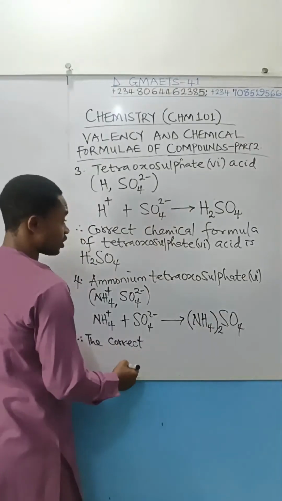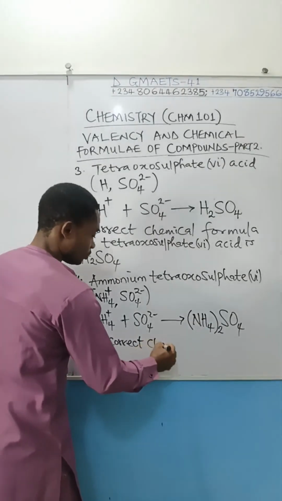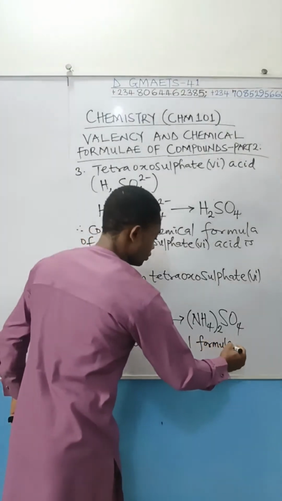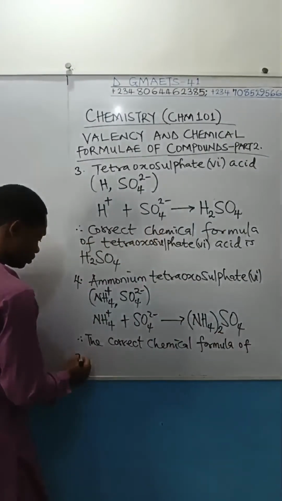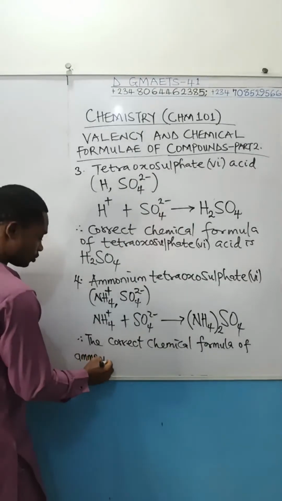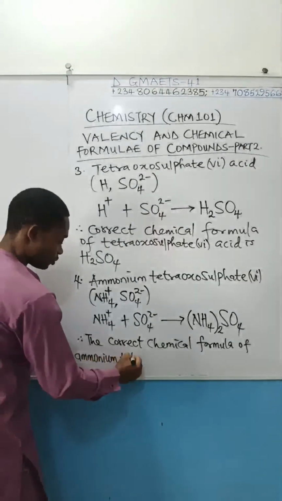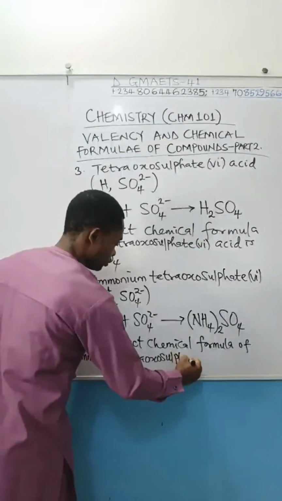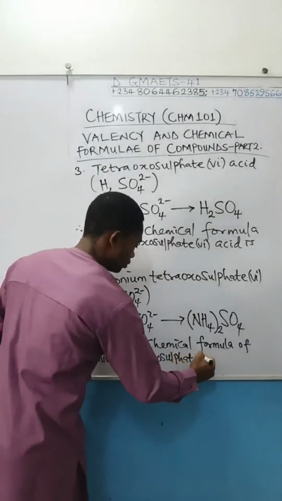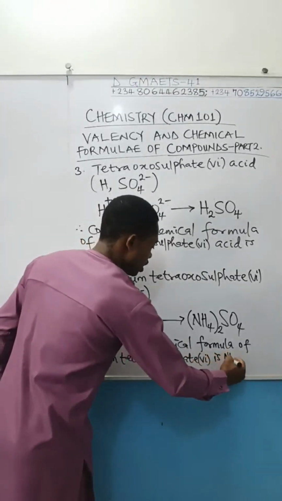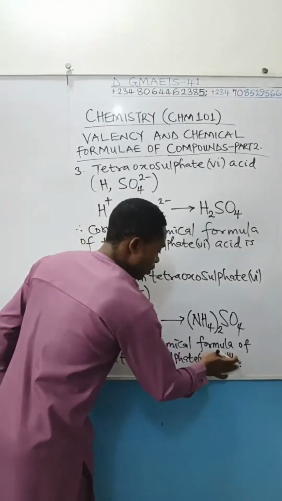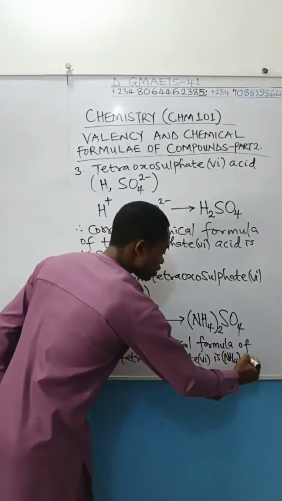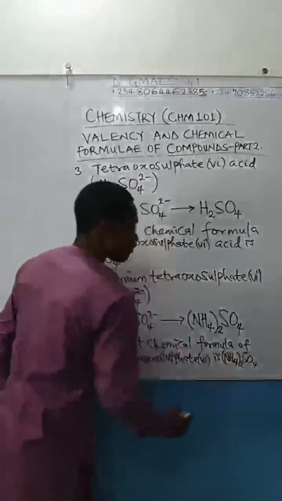of ammonium tetraoxosulphate 6 is NH4 in brackets with atomicity of 2 outside and then SO4.